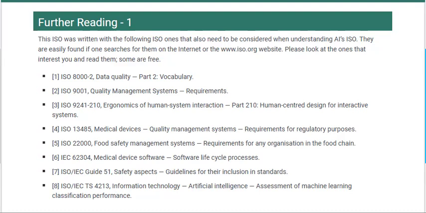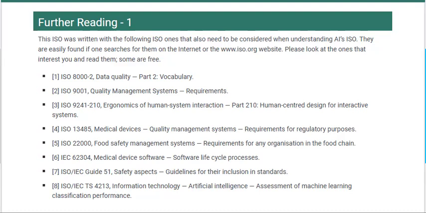ISO 22000, Food Safety Management Systems, Requirements for any organization in the food chain. 6. IEC 62304, Medical Device Software, Software Lifecycle Processes. 7. ISO/IEC Guide 51, Safety Aspects, Guidelines for their inclusion in standards.